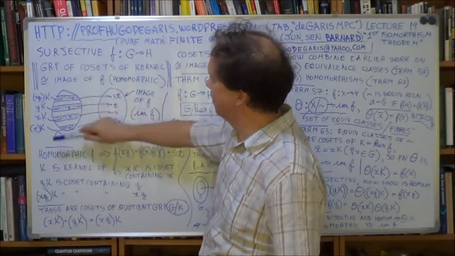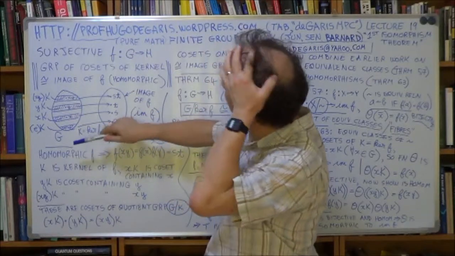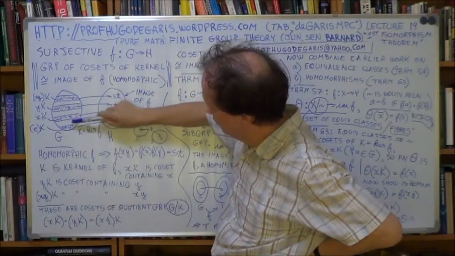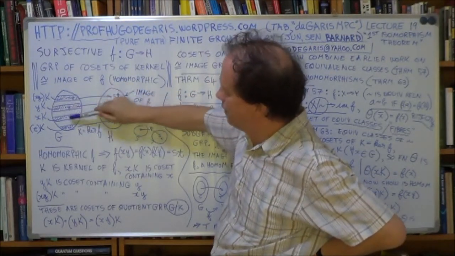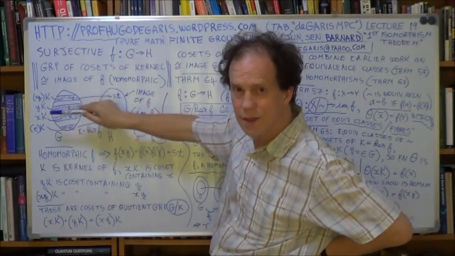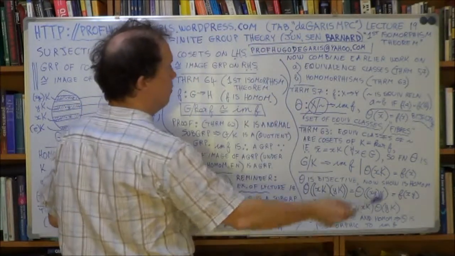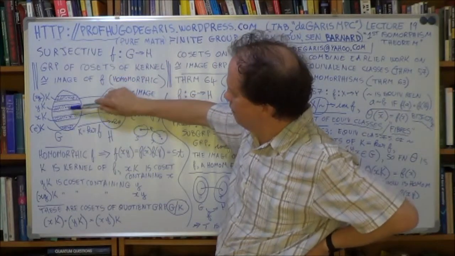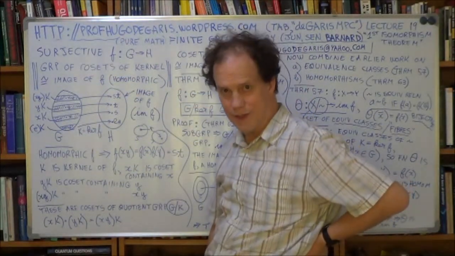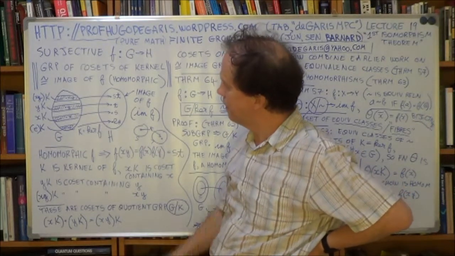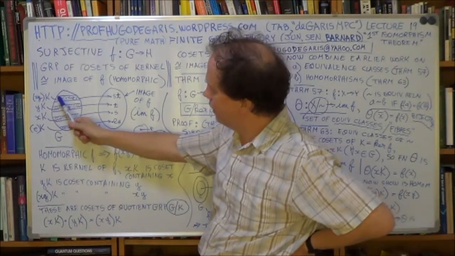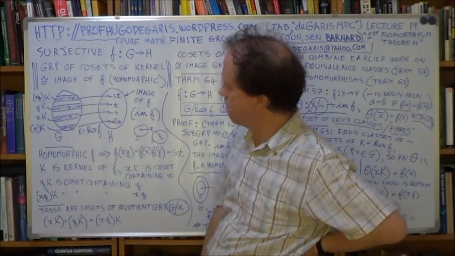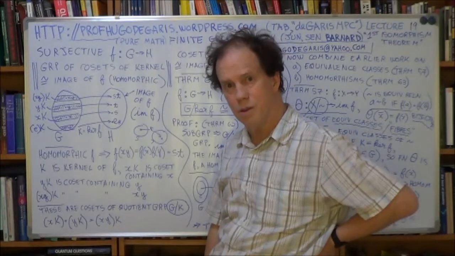Now, in the context of talking about quotient groups, these bands here, 1, 2, 3, 4 of them that I've drawn, these bands here are cosets. But if you go back to when we're talking about equivalence classes, these bands here are equivalence classes. Okay, so every element in each band is equivalent to each other.